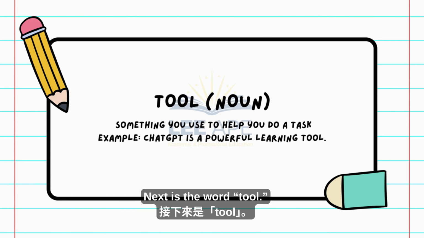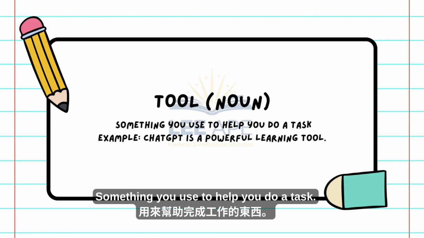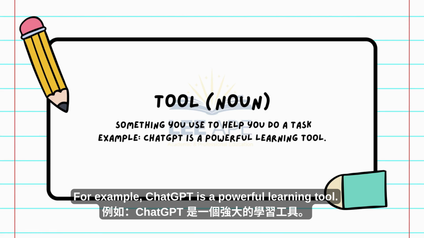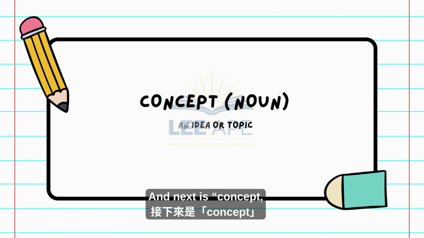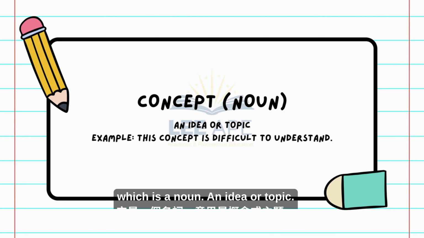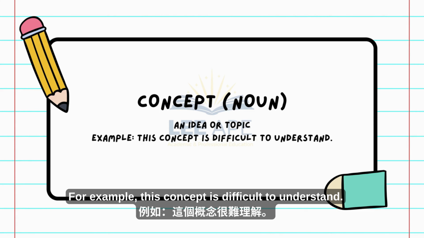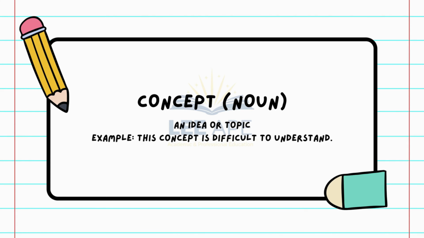Next is the word tool, something you use to help you do a task. For example, ChatGPT is a powerful learning tool. And next is concept, which is a noun, an idea or topic. For example, this concept is difficult to understand.